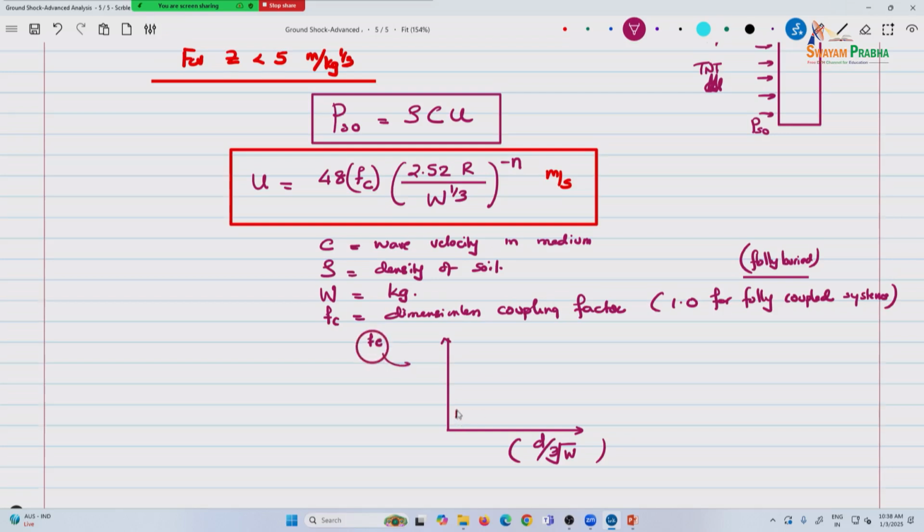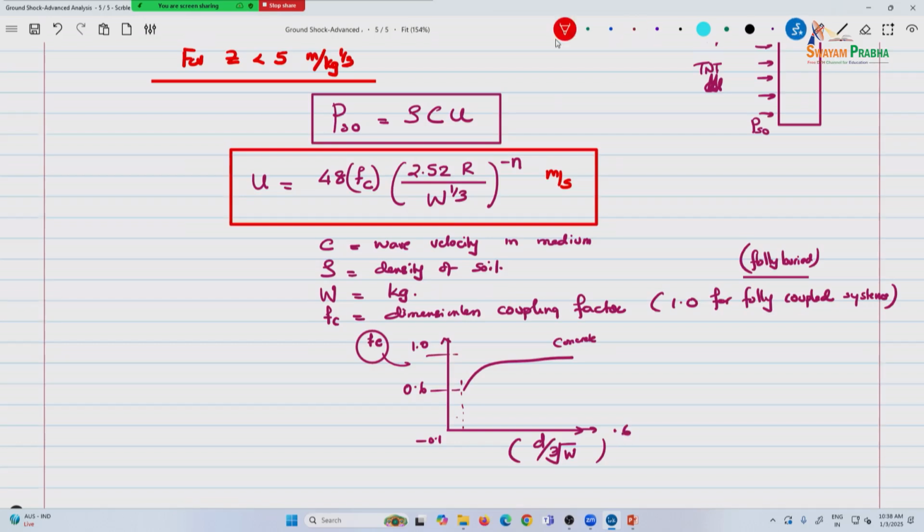If the medium is concrete, it will look something like this, this is 1.0. It starts at about 0.6, this is minus 0.1, and here it goes up to 0.6.